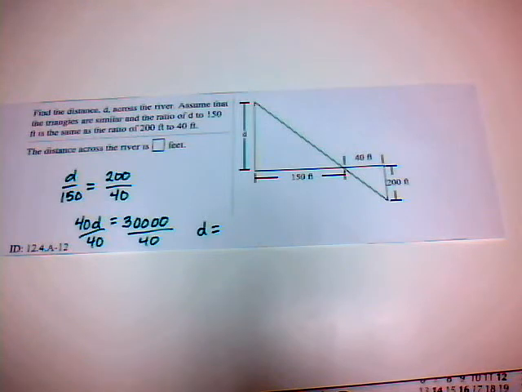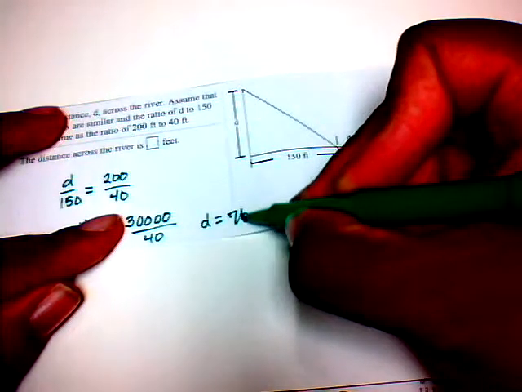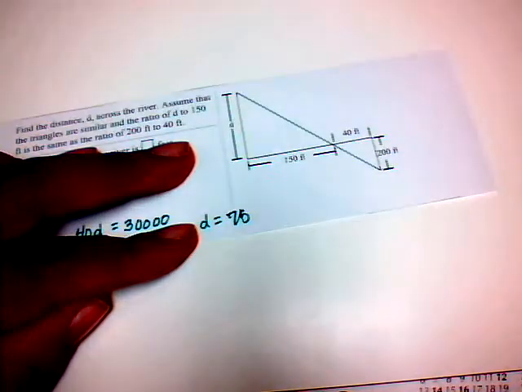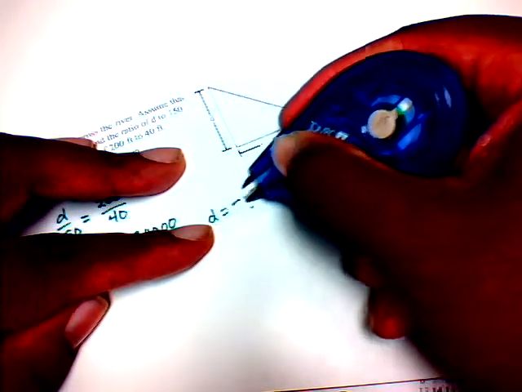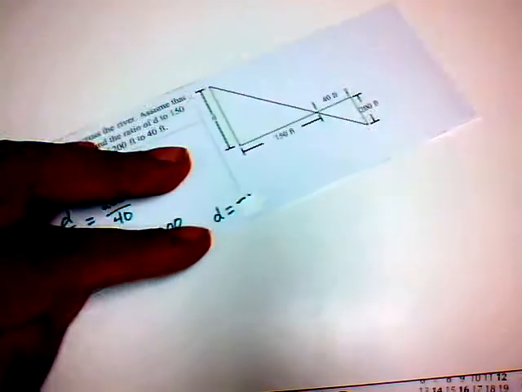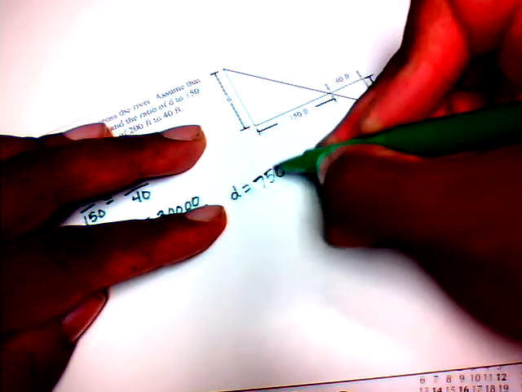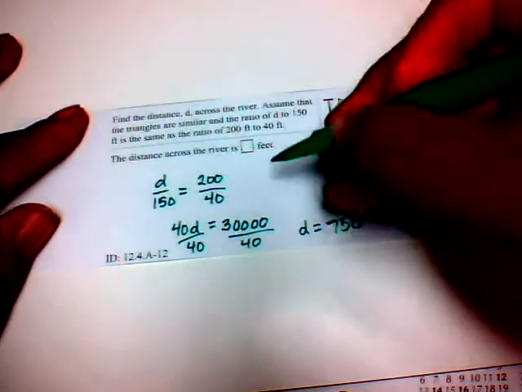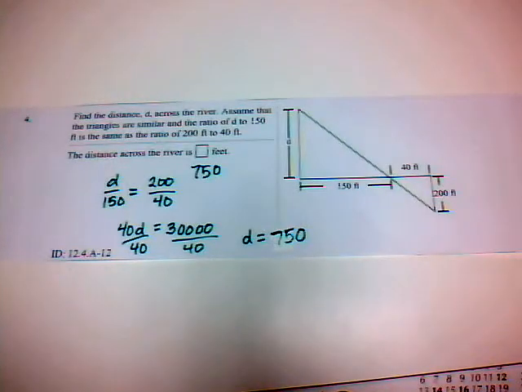That'll give you 75. So the distance across the river, which is your d, is 750 feet. The distance across the river, 750 feet. And that should assist you with some of the homework problems in section 12.4.